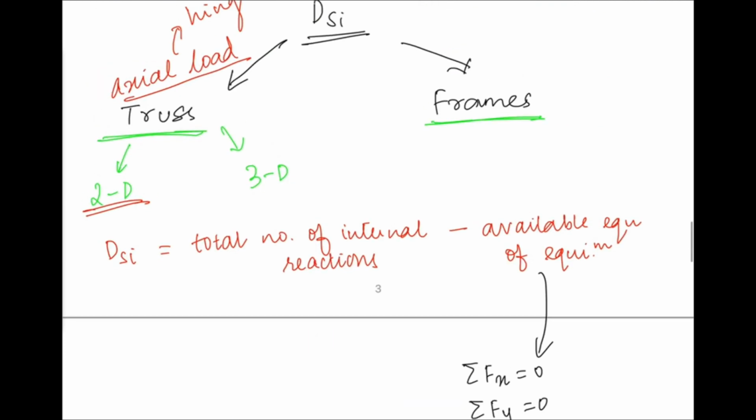Now when it comes to frames, there is one thing: static indeterminacy of this kind is there only in closed loop frames. Okay, closed loop. Open loop frames will be determinate. So since we are trying to find static indeterminacy, it will only come in closed loops.